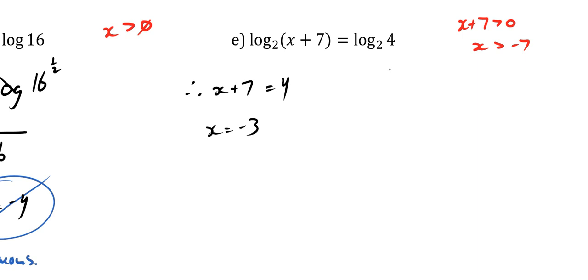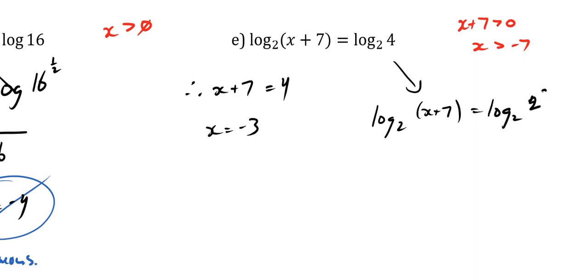You could also have done this one like this, although I don't know why you would. It's a lot more work. Log base 2 of x plus 7 equals... See, this is where if all you know how to do is evaluate logs by rewriting in exponential form, you can't do that when it's in an equation. In this case, we don't have to because we have the easier way of doing it anyway, but you see what I mean? We have to be able to evaluate logs as they are.